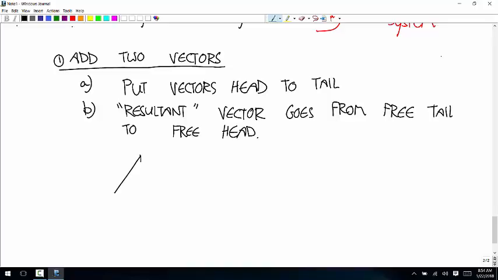So if you're adding this vector plus this vector, put the tail of one at the head of the other one, and then the resultant vector goes from the tail that's not touching anything to the head that's not touching anything. So the red is the resultant.